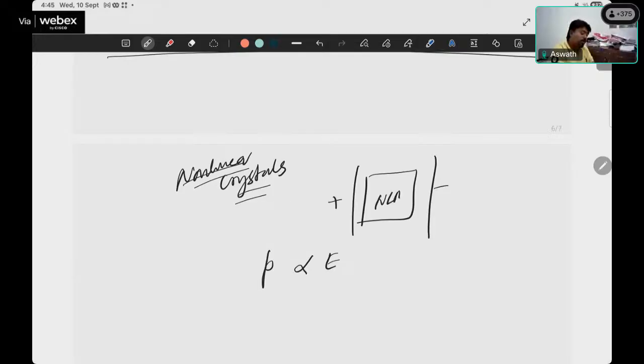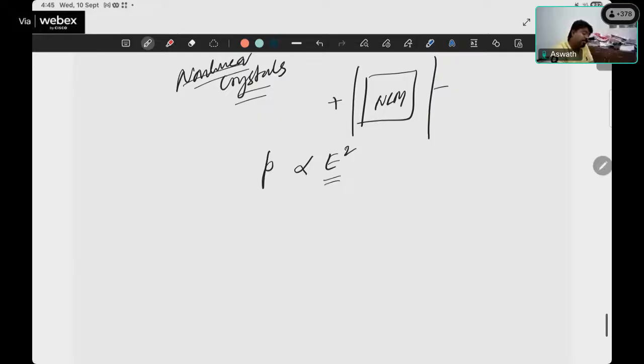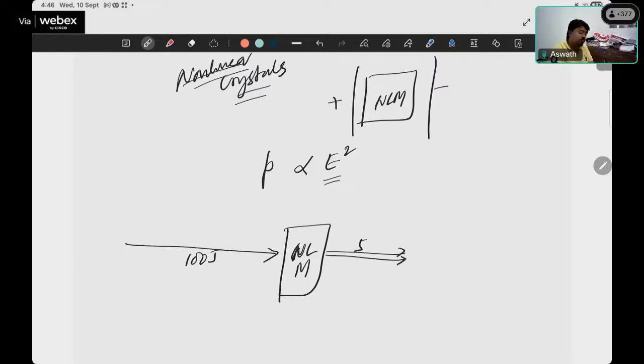But a non-linear material generates the electric polarization at a higher order, in a non-linear manner, for example in a quadratic manner. If I take such a non-linear material and send photons, let's say a 100 joules photon, it emits two photons of 50 joules.